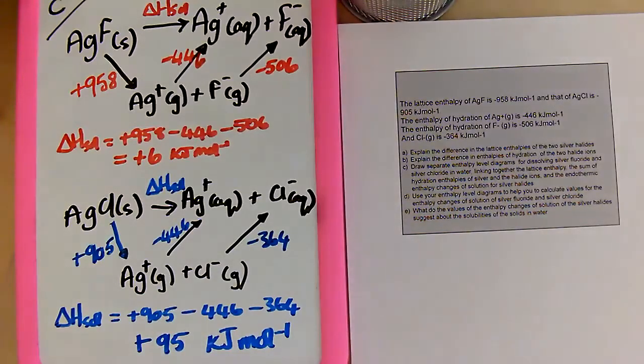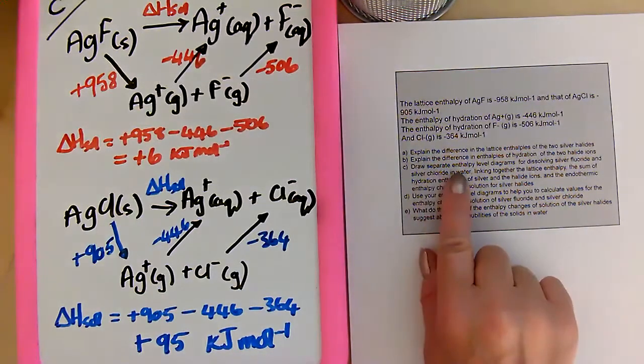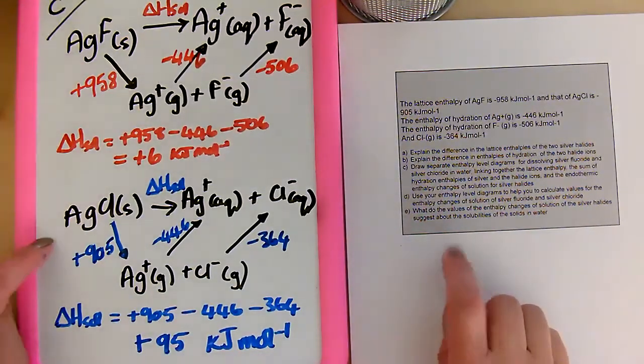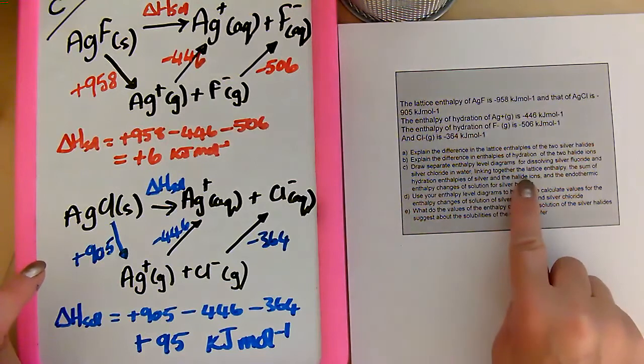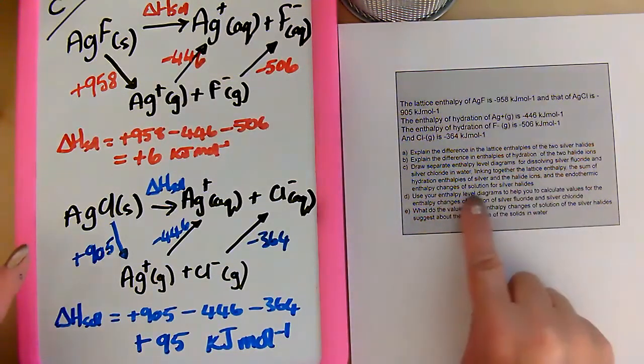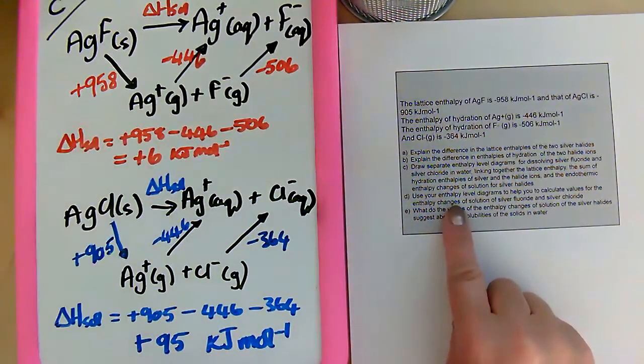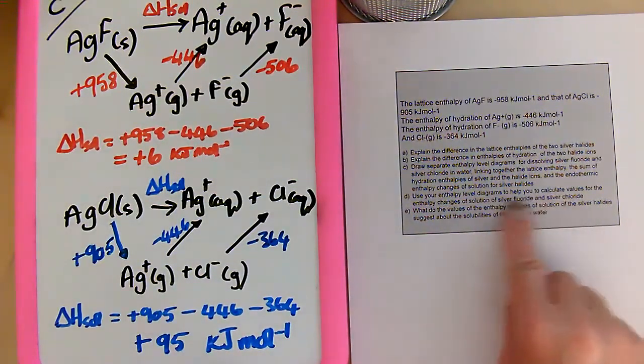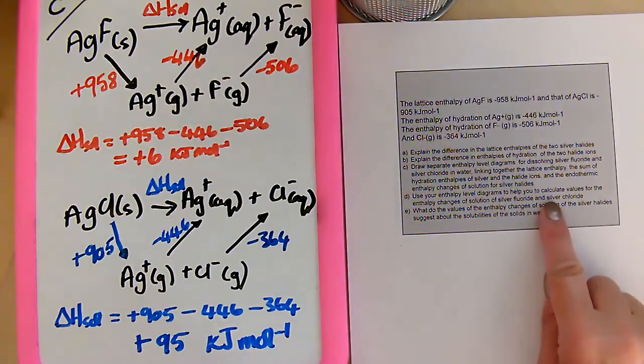Okay, so if we go back to the question, draw separate enthalpy diagrams, which we have here and here, and we've linked together the lattice enthalpy and the hydration enthalpies. We've used that to calculate the enthalpy of solution for silver fluoride, which is plus 6, and for silver chloride, which is plus 95.